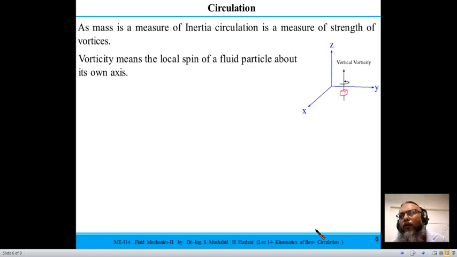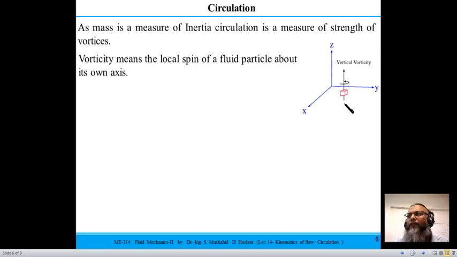As we already know from the earlier class, I have already explained that vorticity is the local spin of the fluid particle about its own axis. So we can think of a closed contour comprising several fluid particles, and there is a rotation of each fluid particle, and that is represented by the vorticity vector.